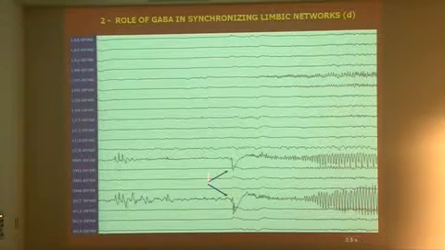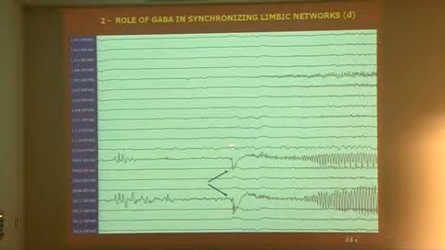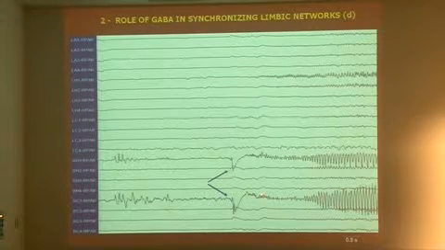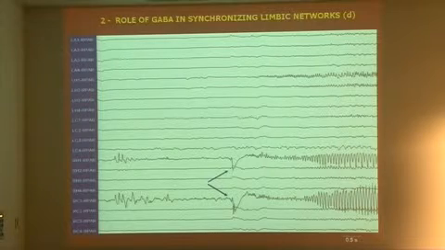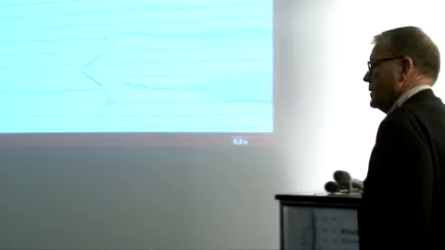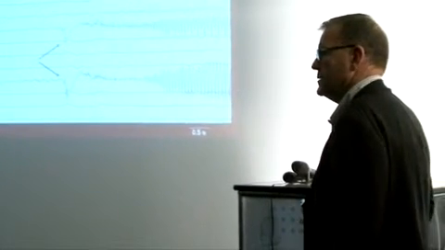You see that this slow interictal type of event will make the ictal synchronization occur on the right structure of the limbic system.